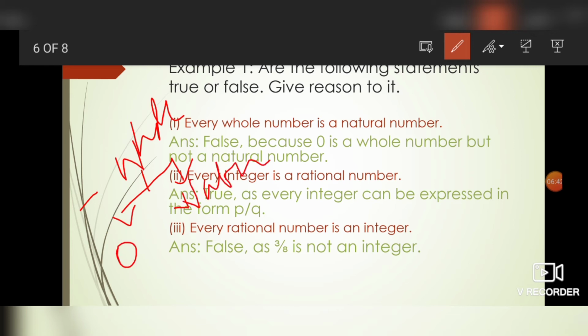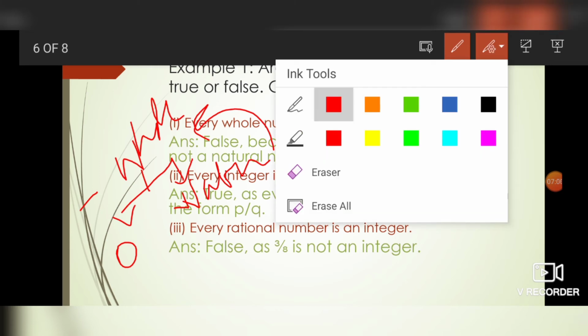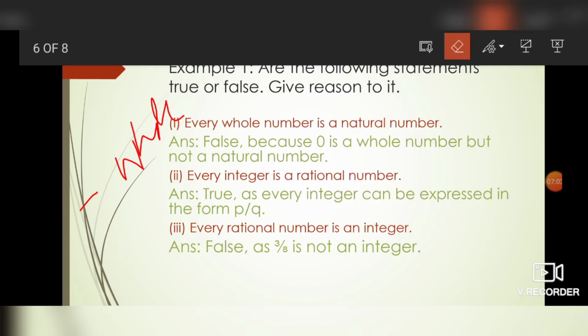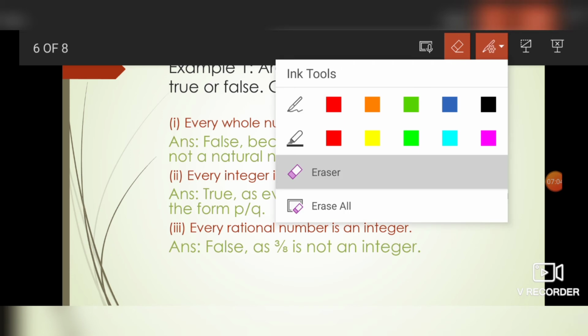So we can say all the natural numbers are present in whole number, but all whole numbers are not present in natural number. So every whole number is a natural number is false, because 0 is a whole number which is not present in the natural number. So the first one is false.